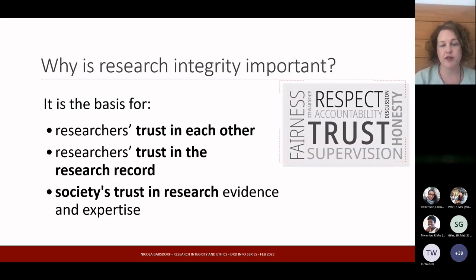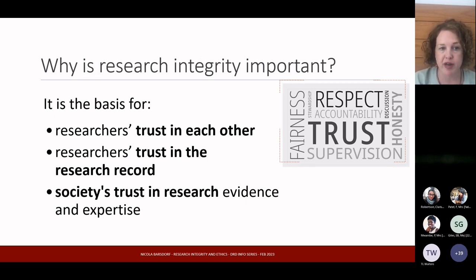So why is research integrity important? Why do we focus on this in research? And if you attended Lex Botha's lecture last week, he also focused a lot on this idea of trust, because we know that research integrity is the basis for researchers' trust in each other. If we know that other researchers are conducting responsible research with research integrity, we know we can trust their research.